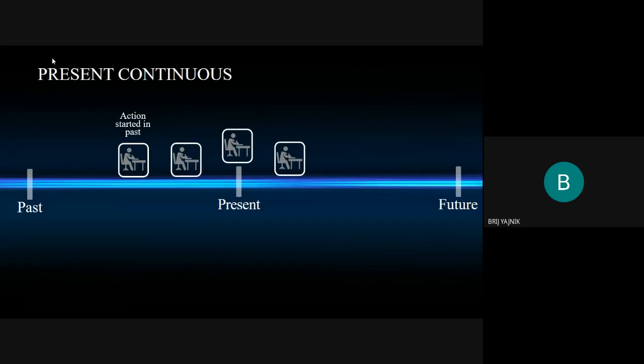Let's say a random past is the month of March, then it continued for April, May, June, and even in July, future, it may continue. So this is action in progress. And then it may continue in future. Now, we don't know, we are not sure. But this is a longer action in progress, right?